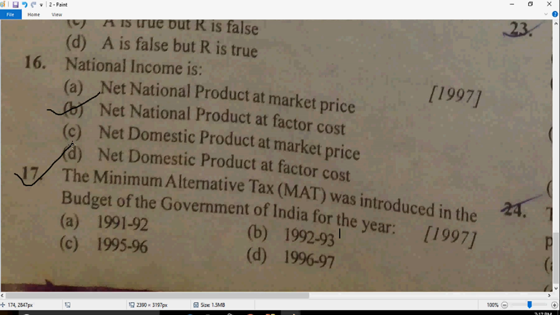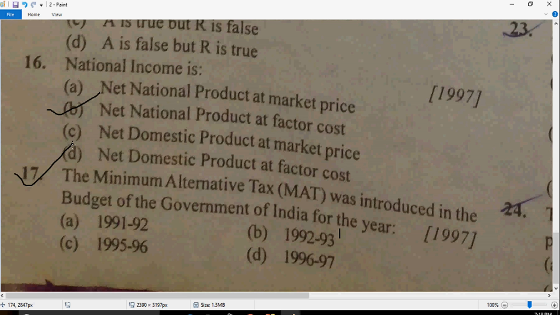The minimum alternative tax, MAT, was introduced in the budget of the Government of India for the year when? See, as we know, the MAT was introduced in the budget of 1996-97.